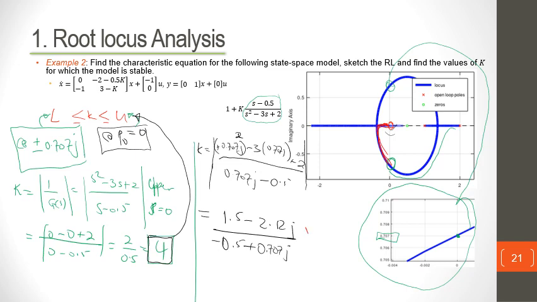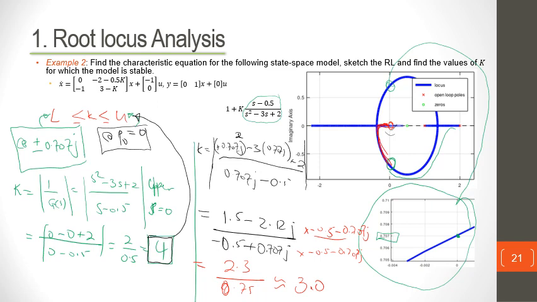Now if you multiply by the complex conjugate on both sides, then you should have a value like 2.3 divided by 0.75, which is approximately 3.0.